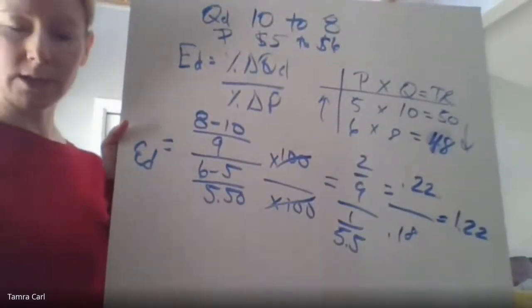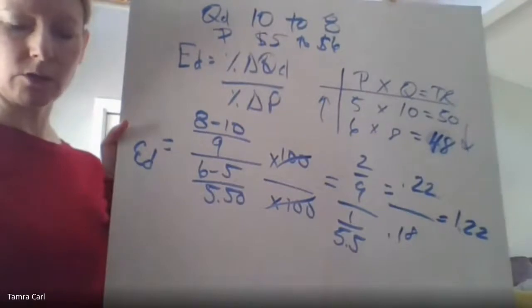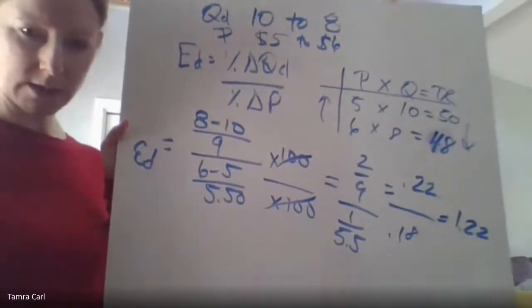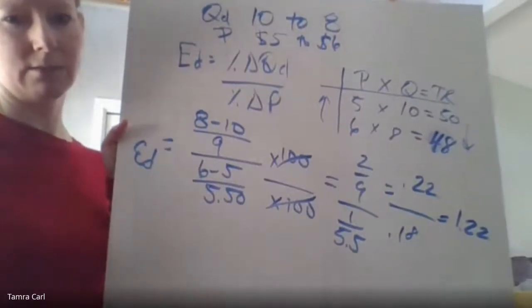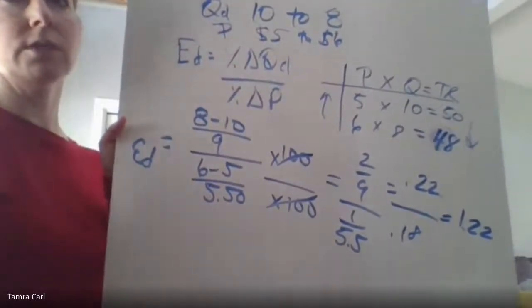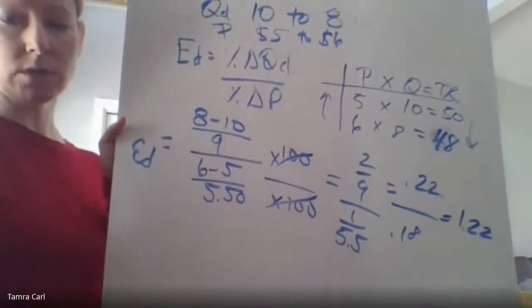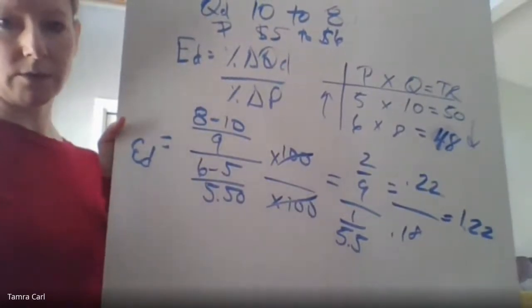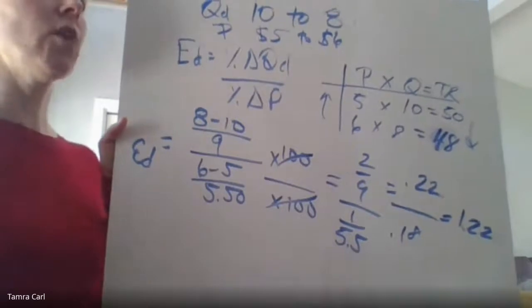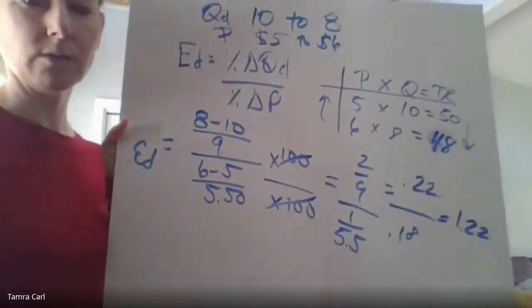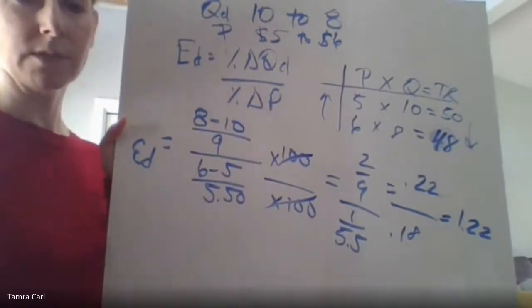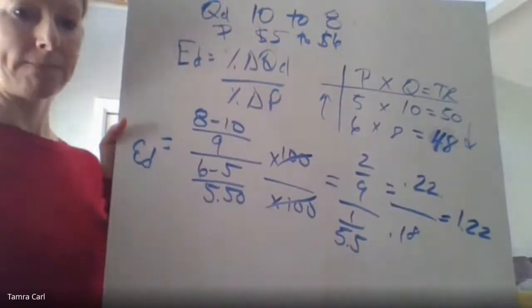The other thing is that they could ask me about the cross price elasticity of demand or the income elasticity of demand. So remember those when I'm talking about that. For the cross price elasticity of demand, what am I talking about? Substitutes or complements, or normal or inferior goods?